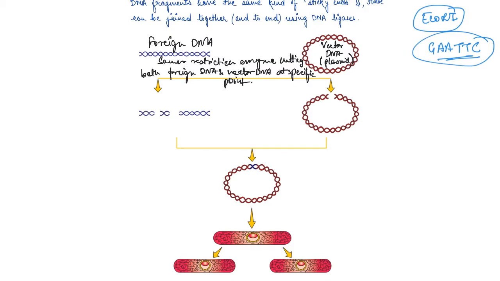Once they cut it, you get a piece like this here of foreign DNA, and here the same piece is missing from the plasmid.